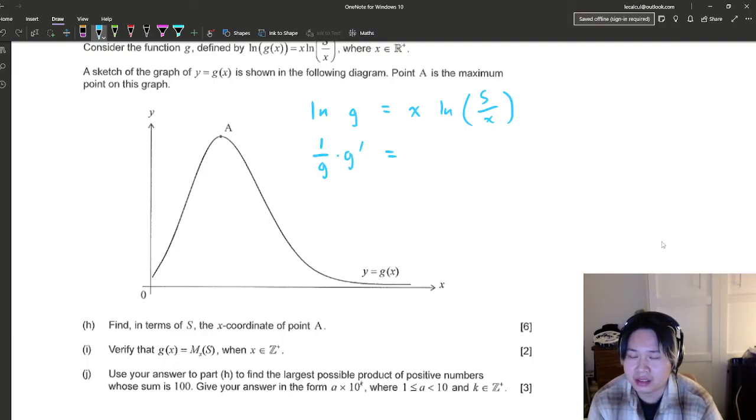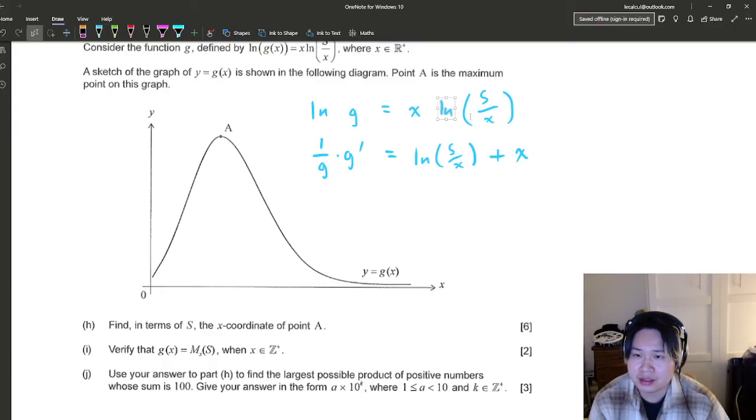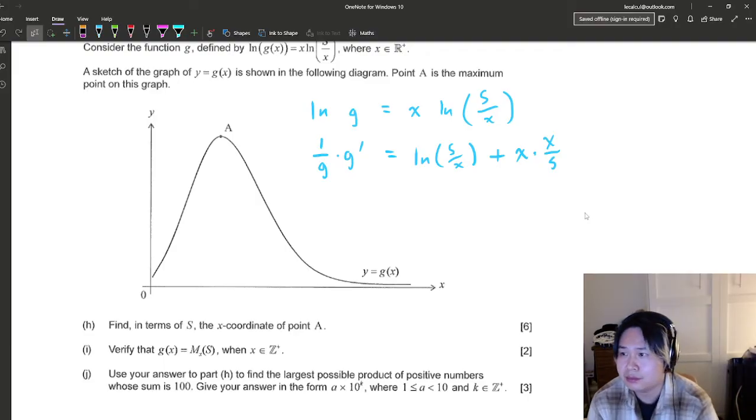This over here is a product rule, so derivative of x is 1, times ln(s over x), plus x times this derivative, so this is going to be chain rule. So we're going to do the derivative of natural log. So then it's going to be 1 over this number. So 1 over s over x, which is basically a reciprocal. So this becomes x over s.